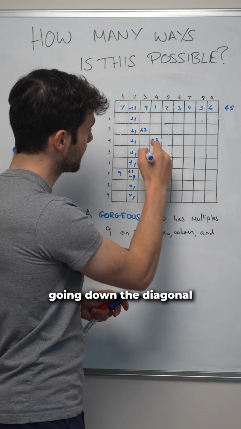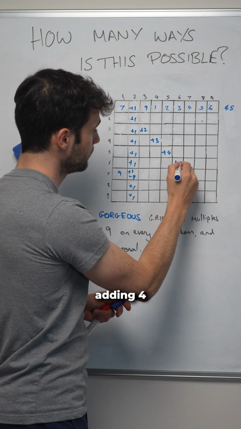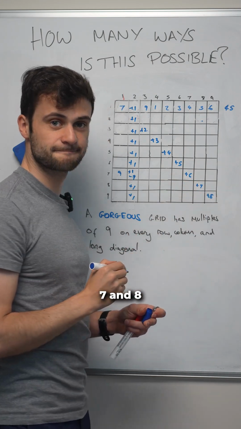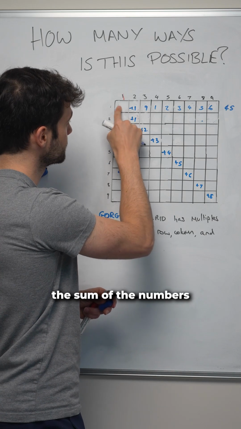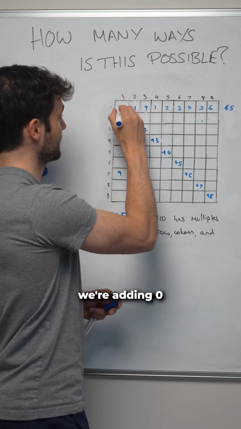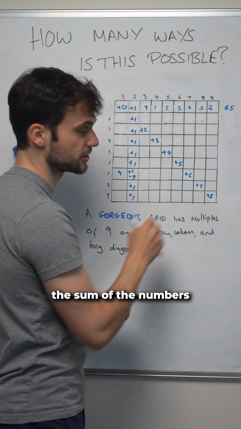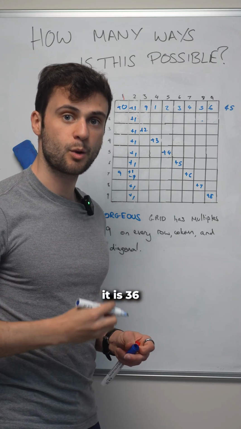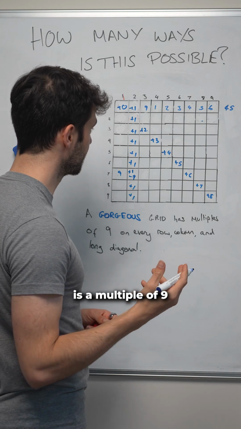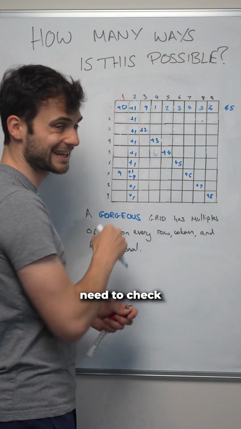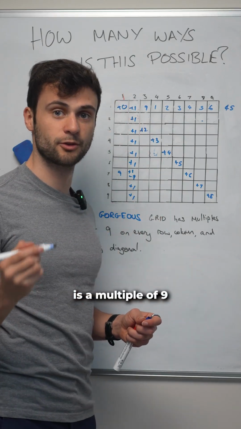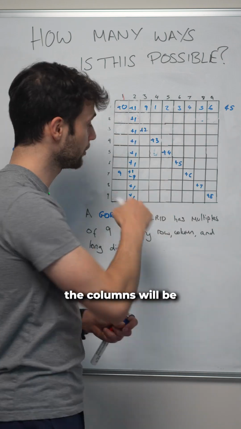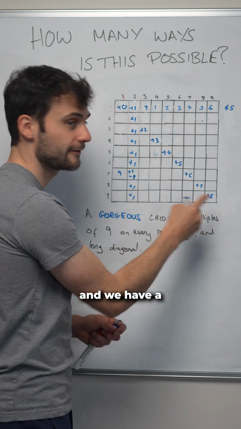And we keep going down the diagonal, then we're adding 3, adding 4, 5, 6, 7, and 8. Now, of course, in the top left one, we're adding 0. If we find the sum of the numbers between 0 and 8, it is 36, which again is a multiple of 9. Well, the only thing that we actually need to check is if the first column is a multiple of 9, then the diagonals will also be a multiple of 9, the columns will be multiples of 9, and we have a gorgeous grid.